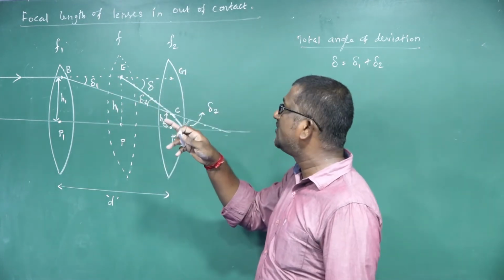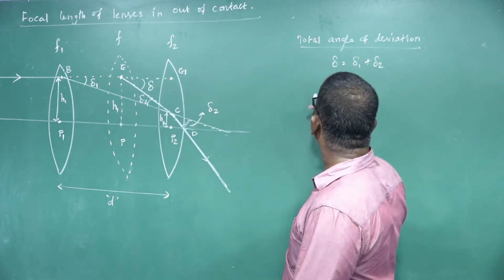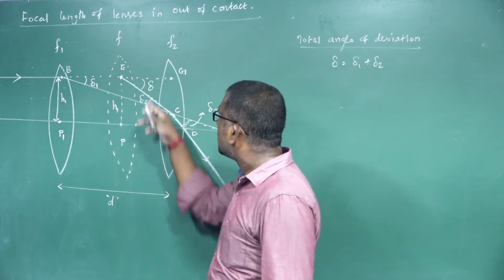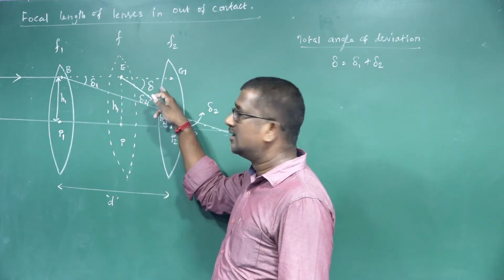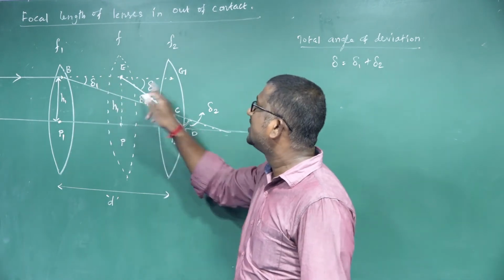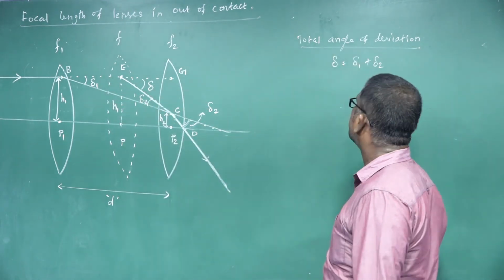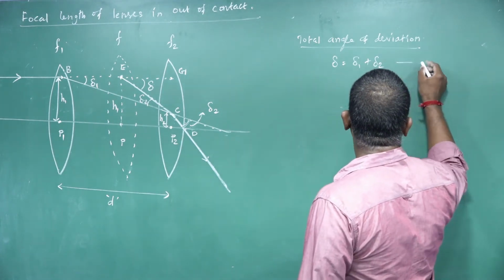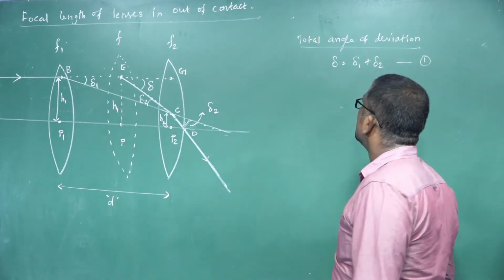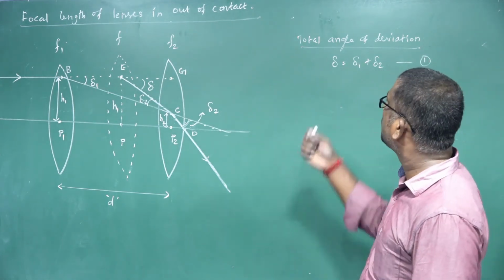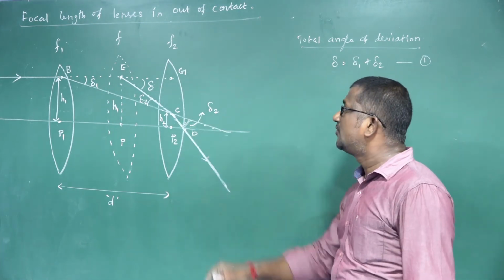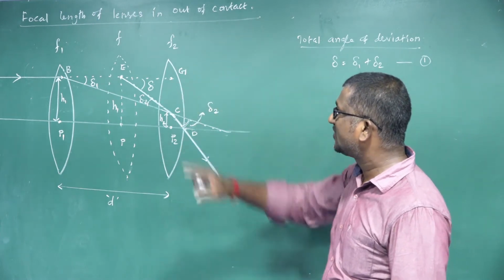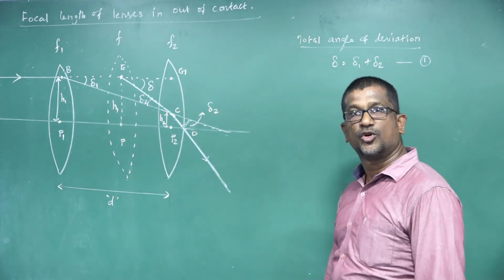So the total angle of deviation produced by the new lens is del, which is equal to the sum of del 1 and del 2. Suppose this is taken as equation number 1.